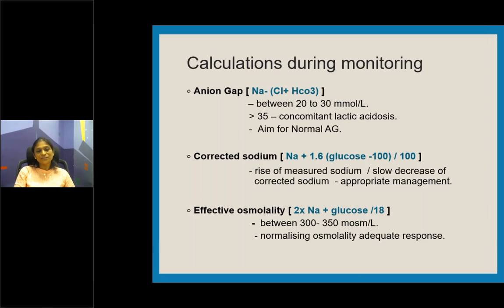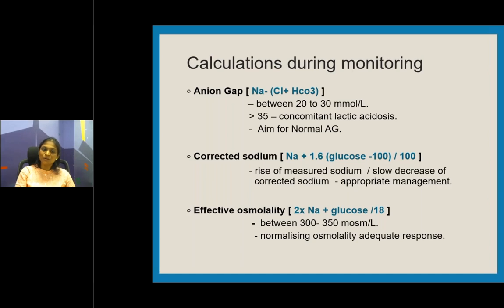This is calculated as the measured sodium added to 1.6 times the glucose minus 100, divided by 100. If the blood sugar is 450, we calculate like this: 450 minus 100 is 350. 350 divided by 100 is 3.5. 3.5 times 1.6 is added to the measured sodium.